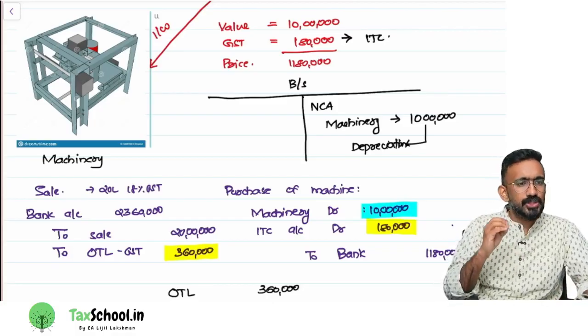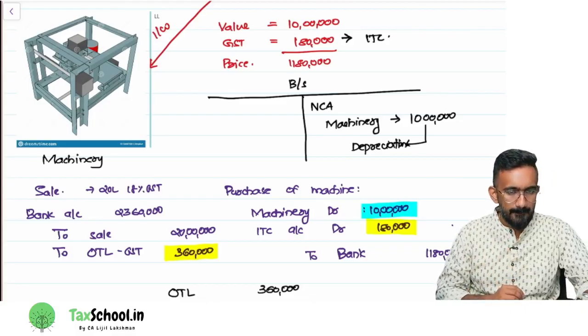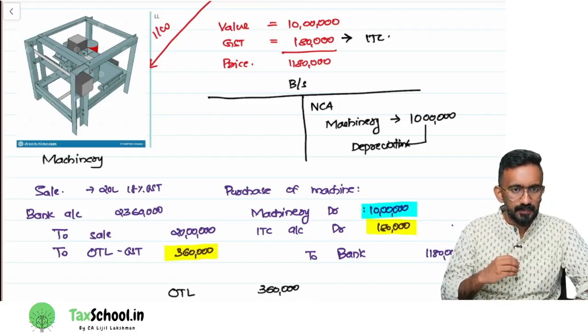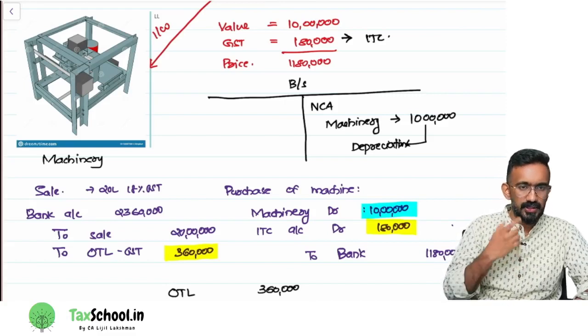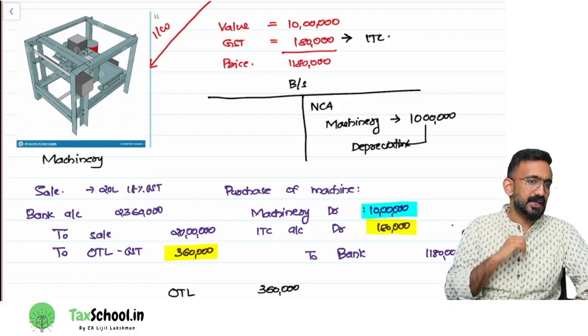Question is, how much should I capitalize in machinery account and how much can I take as input tax credit? They're saying that if you capitalize 10 lakh into machinery account, you will be able to take 1,80,000 into an ITC account.